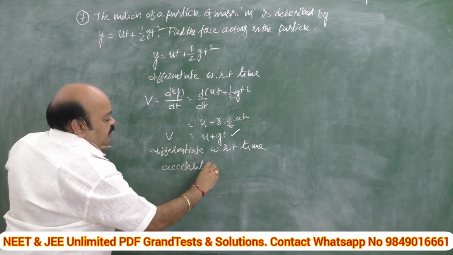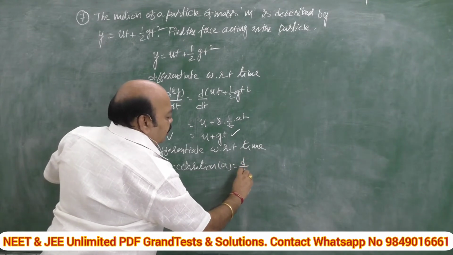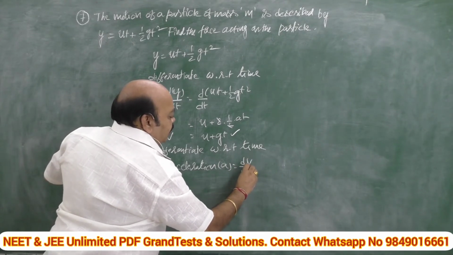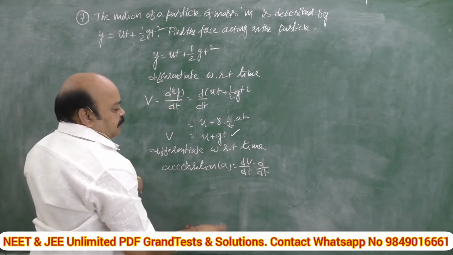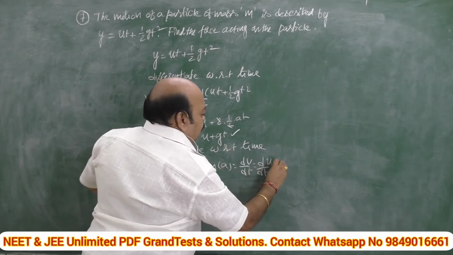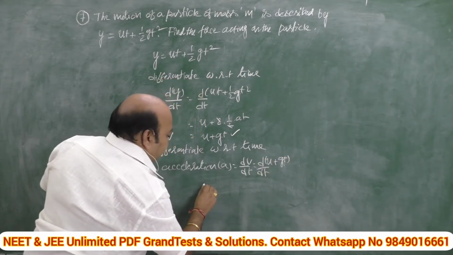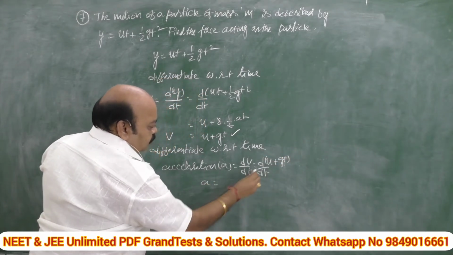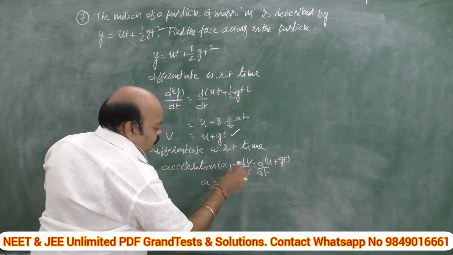So, acceleration A is equal to dv by dt. So, differentiate the above expression, which is nothing but u plus gt, with respect to time. Then we have A is equal to, this is a constant, and simply we have this value as g.